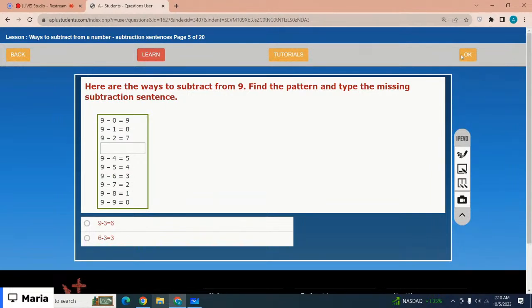Okay, the next one is here are ways to subtract from 9. Find the pattern and type the missing subtraction sentences. So which is missing?